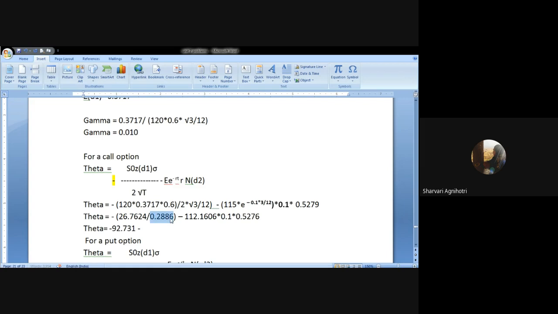Yes, ma'am. Square root of 3 by 12, when I find, it is 0.5. 0.5 into 2, that is 1.